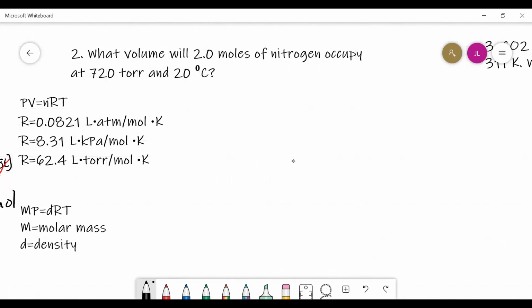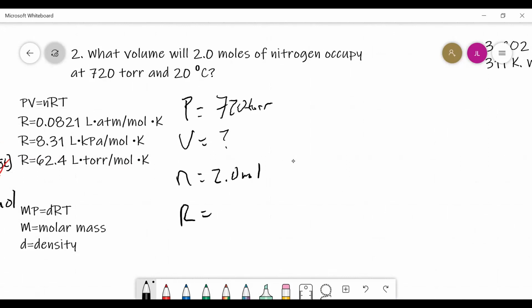All right, so pressure is 720 torr. Volume is our unknown in this case. n equals 2.0 moles of nitrogen. R, in this case, since we are looking at torr, we want to use this one, 62.4 liter torr per mole Kelvin.